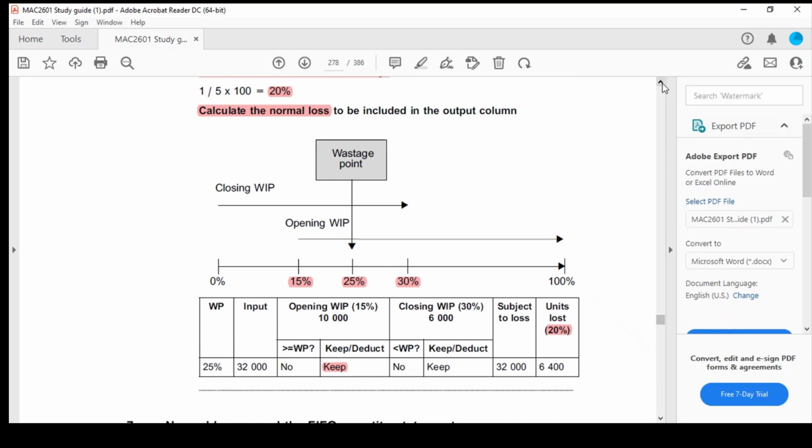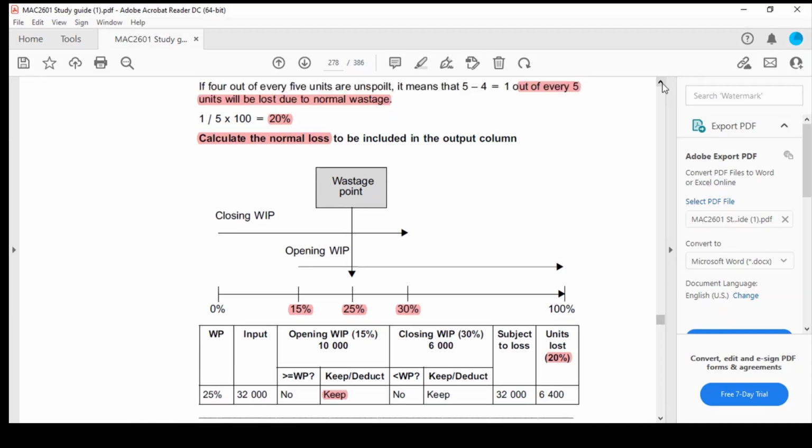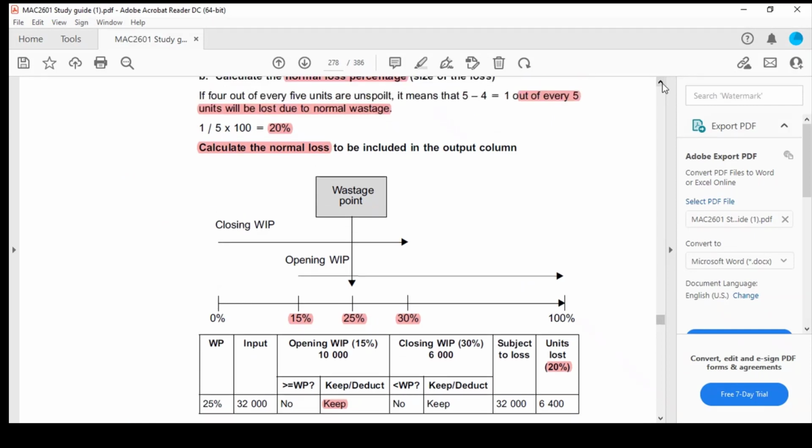Can I just share something? In regards to determining the percentage, if you understand the concept of recapitalization of shares, for instance, I think it's MAC2602, then you can understand what is required of you. In recapitalization, you want the number of shares, but they won't tell you the number of shares required. They will say probably 1 out of every 5 shares, so obviously it's going to be 1 over 5, and then you get your percentage.